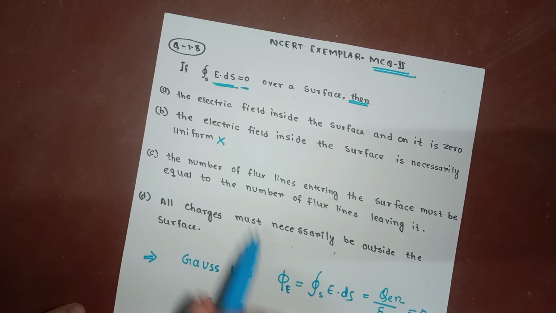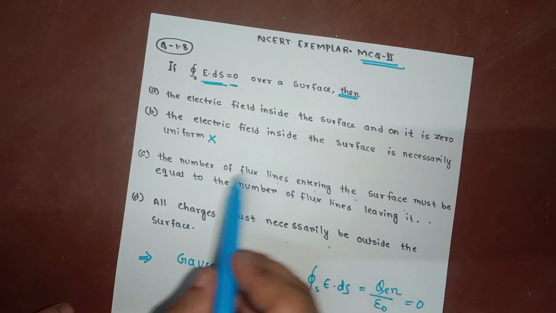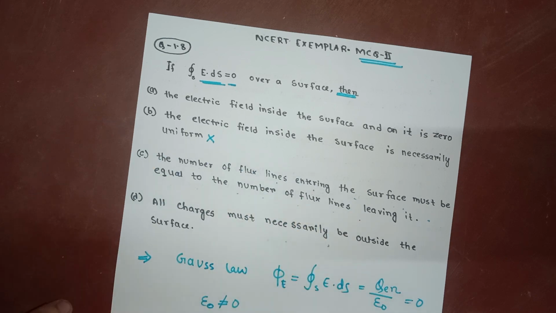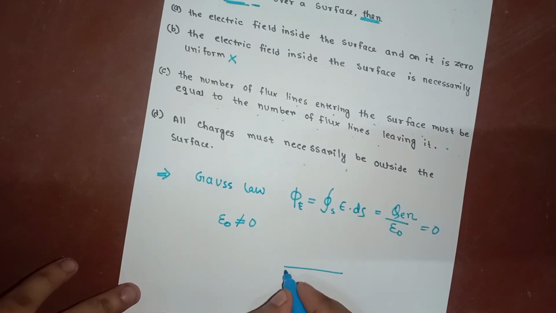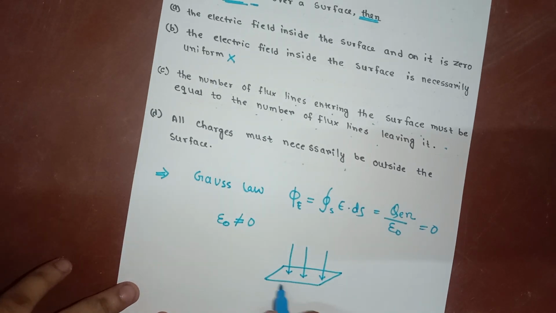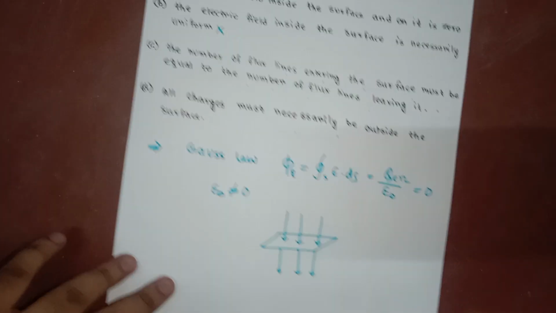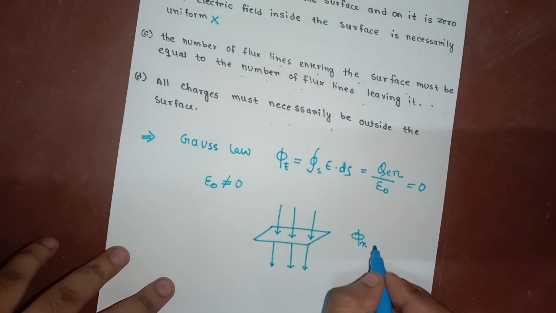No. The number of flux lines entering the surface must be equal to the number of flux lines leaving the surface. So what does it mean? Suppose this is your surface. If the number of flux lines entering and the number leaving are equal, what would be the net flux?